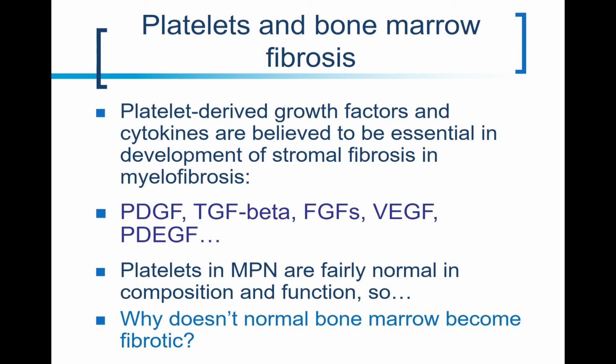Don't worry about the names, but these are some hieroglyphics that describe chemicals that can drive fibrosis in your bone marrow. And a conundrum, a mystery, is that the platelets in myeloproliferative neoplasms don't behave much better or worse in many circumstances than normal ones. So why do they cause fibrosis in the bone marrow of myeloproliferative patients when they don't normally?